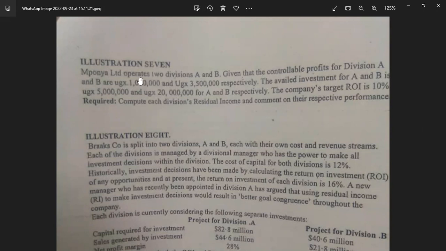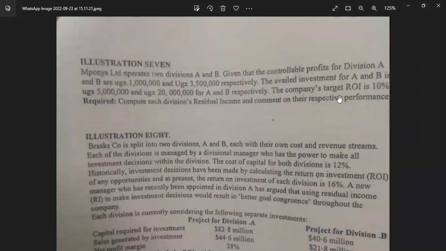They say that Mboya Limited operates 2 divisions, A and B. Given that the controllable profits for division A and B are 1 million and 3.5 million respectively, the available investment for A and B is 5M and 20M respectively.